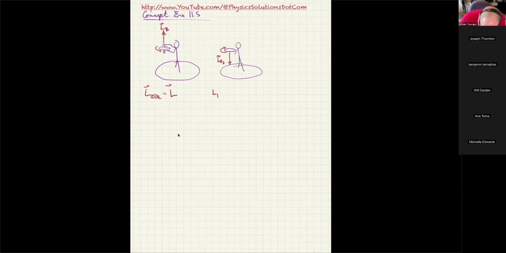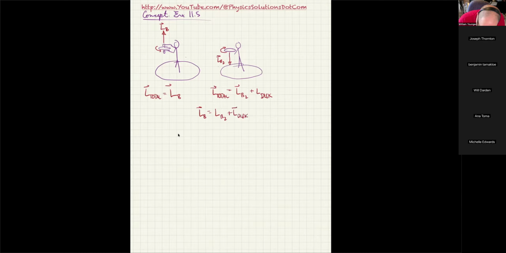In this case, we've got L total is equal to LB2 plus L disk. In order for that to be equal to LB, we have LB is equal to LB2 plus L disk.